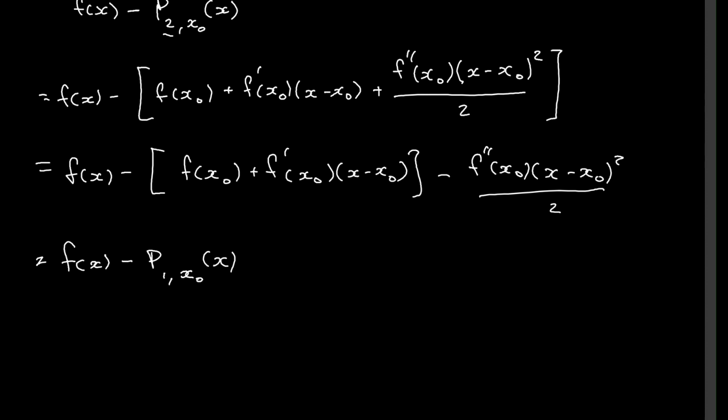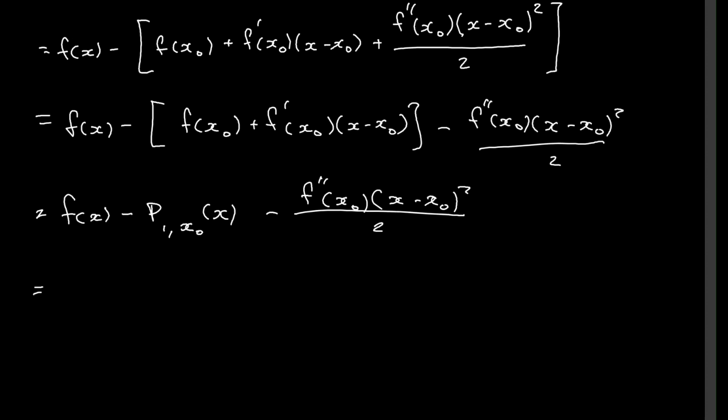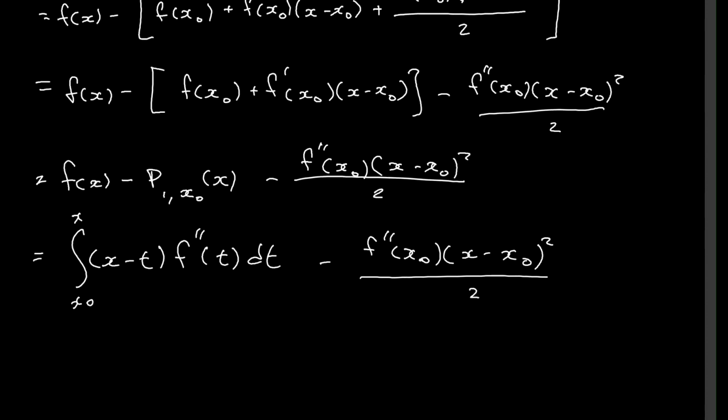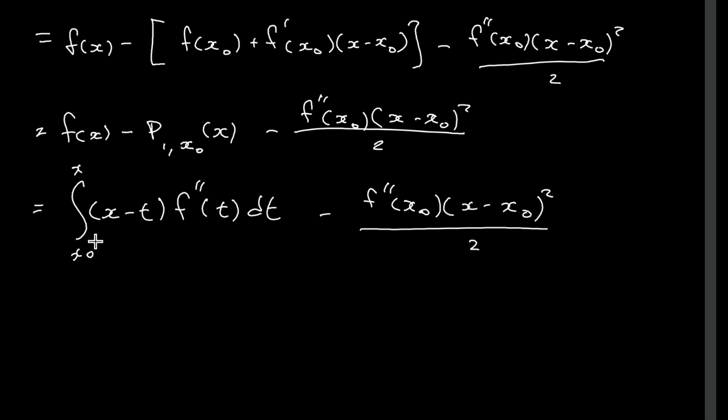So it's just this minus f double prime x naught times x minus x naught squared all over 2. And then from before, we know that this just equals the integral from x naught to x of x minus t times f double prime t dt. And then we have all of this extra stuff right here. Okay, now, how can we get rid of this stuff and get the entire thing under one integral?